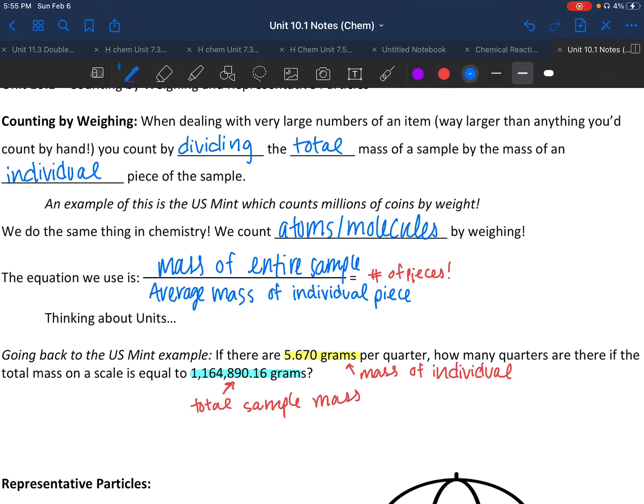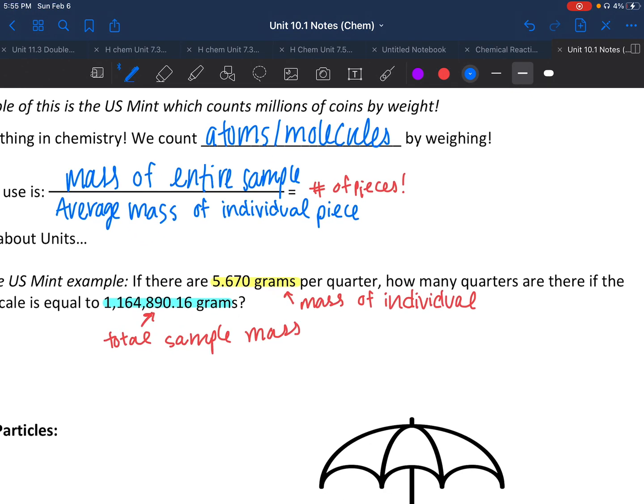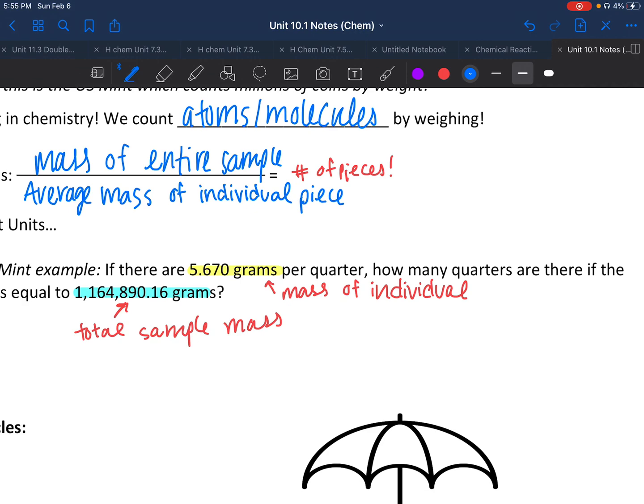And so how we're going to put this into our equation then is we are going to write first our entire sample. So 1,164,890.16 grams. That is how much we have for our total sample, right? And so then we are going to divide this by individual.